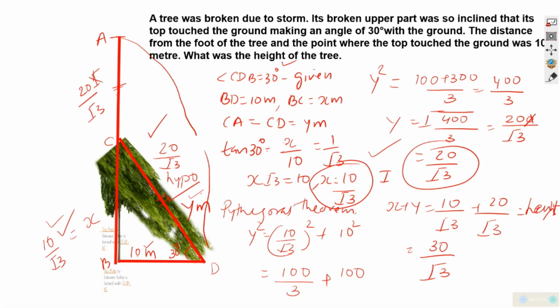Correct? X plus y is equal to 30 upon root 3. This way you can write the answer. Understood, my dear students? So we got the height of the tree as 30 upon root 3. That is what is asked.